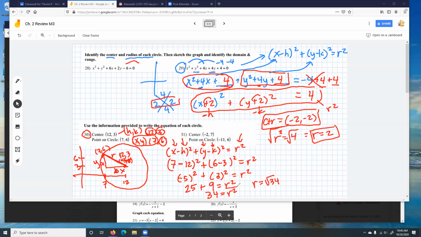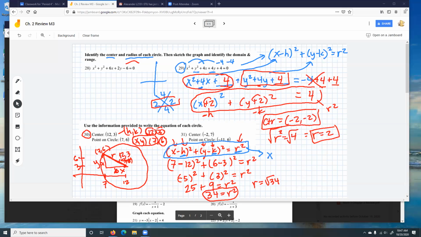But actually, we're going to use r squared. We're not going to use the radius, okay? Because our equation is right here. Let me change colors. This is our equation of a circle, right? So we're going to plug in our h, our k, and our r squared. And so r squared is 34, not the square root of 34. So if I use this equation, I'm going to get x minus, what's my h?